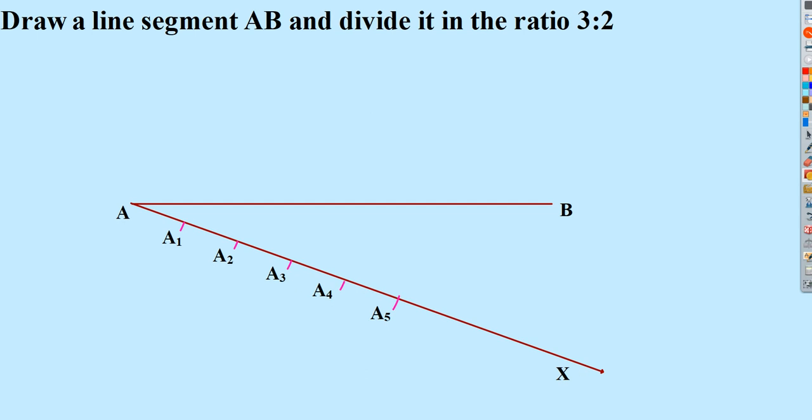Now join A5B. Since the ratio is 3:2, through A3 you have to draw a line parallel to A5B.